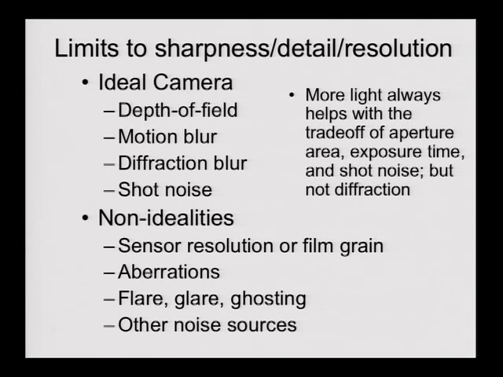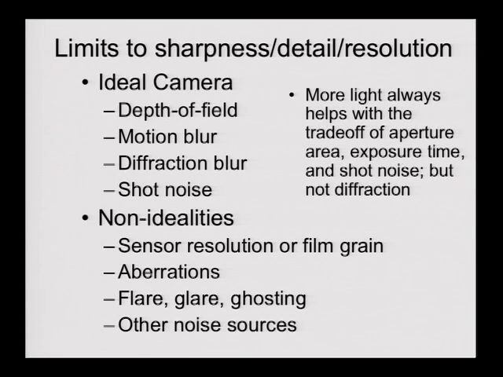Non-idealities also can be helped by having more light in many cases, but things like the resolution of the sensor or the size of the grains in the film that you're using, the aberrations, which are the imperfections in your lens, the extent to which it's different from an ideal lens, the flare or glare or ghosting, which means the paths for light to scatter around, bounce off of your film, bounce off your lens, back to your film, things like that to create excess light that shouldn't be there.